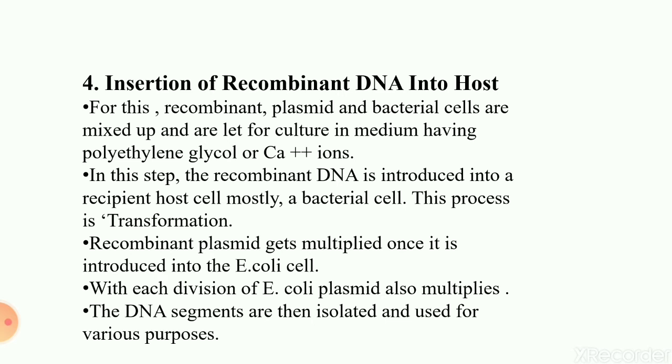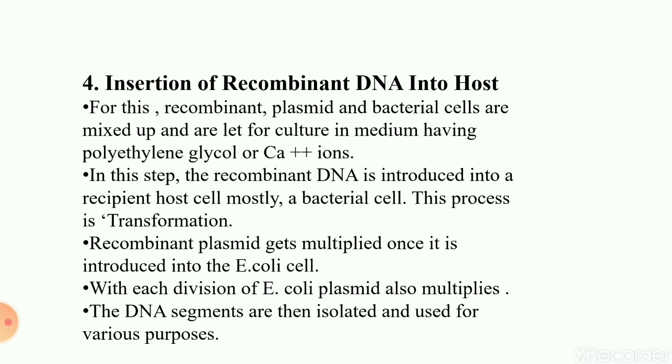The next process is insertion of recombinant DNA into the host. For this, recombinant plasmid and bacterial cells are mixed up and left for culture in a medium having polyethylene glycol or calcium ion.